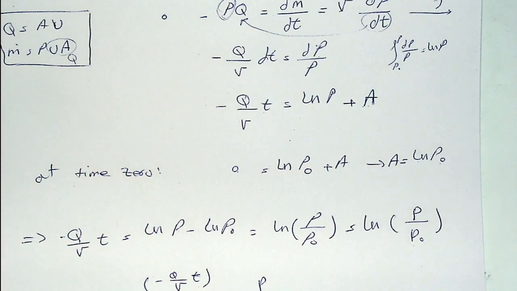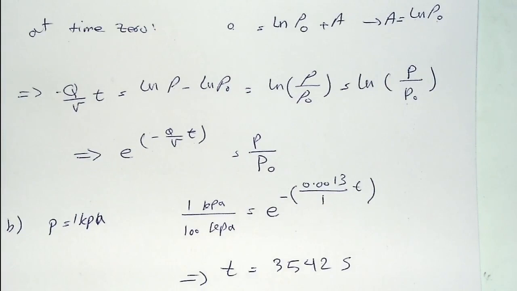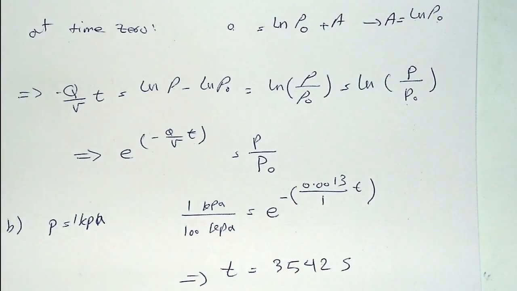Any questions? So the Q goes to AU or AB?